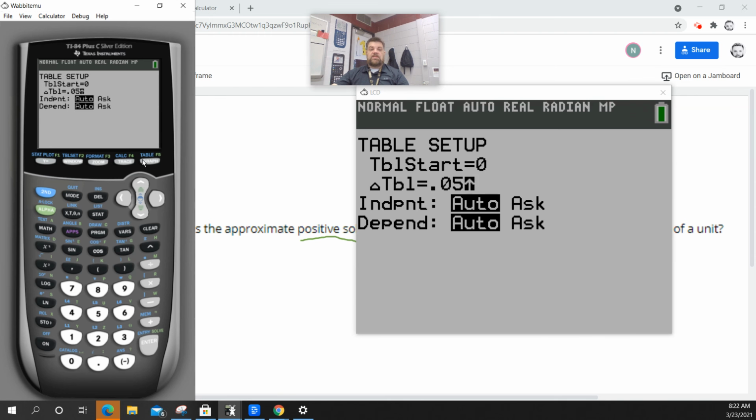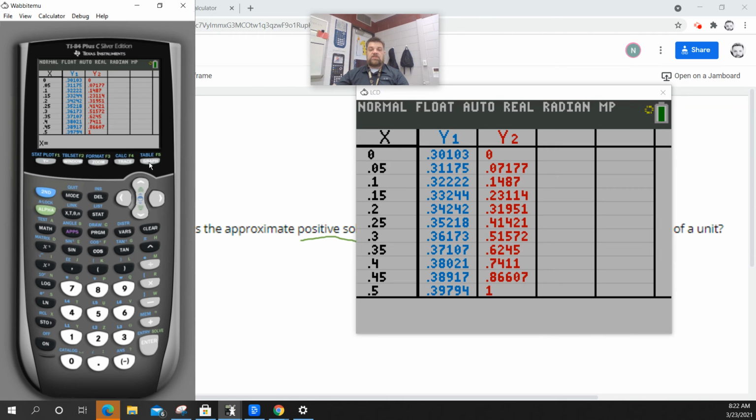Okay, so now when I hit second table, the very first thing that's going to start at is x equals 0. And so now I can just scroll through here and try to figure out where they are the closest. Does that make sense? And it says to the nearest quarter unit. So really what I could do, well, let me take a screenshot of this.